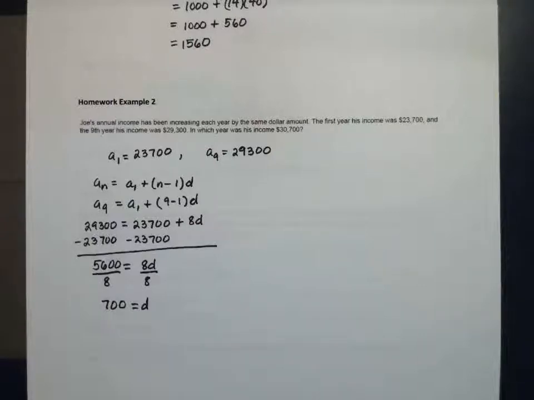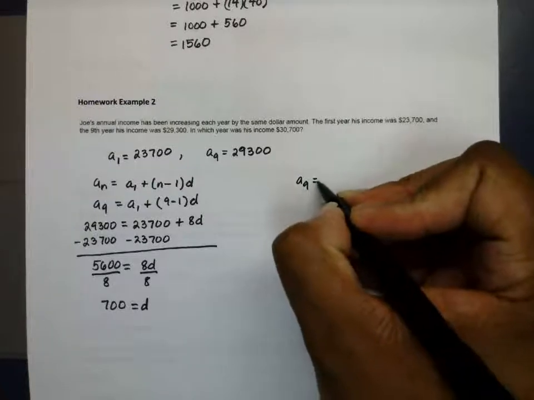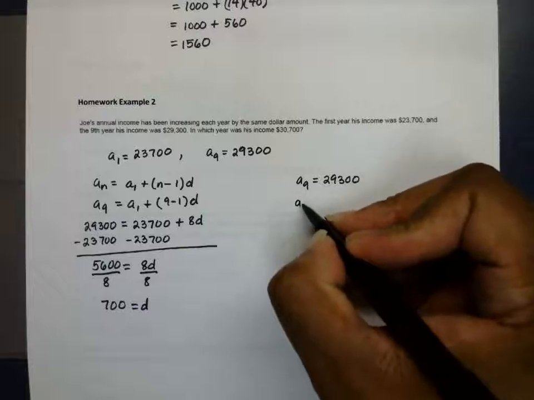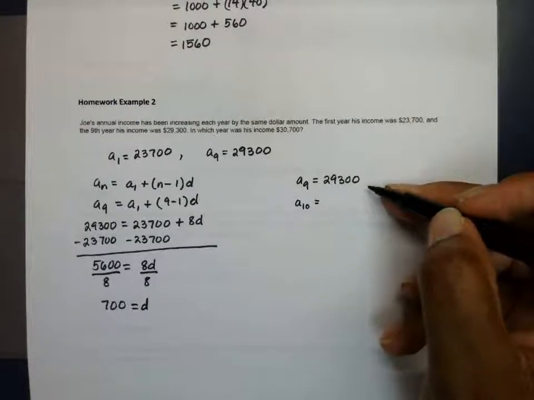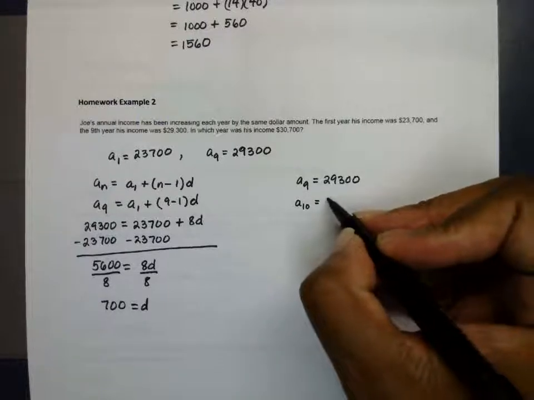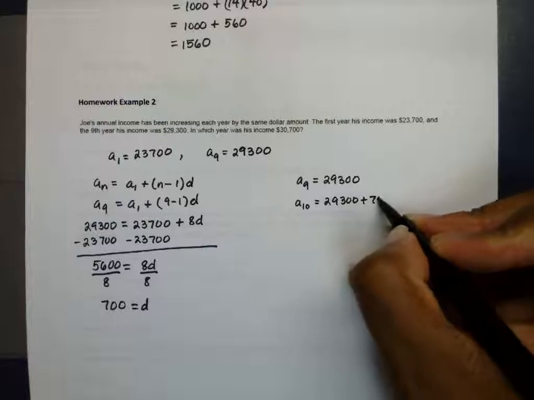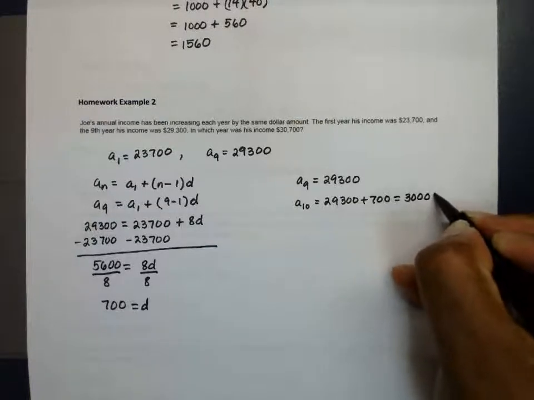And we want to find out which year his income was $30,700. Well, the ninth year we know was $29,300. So by the 10th year, A sub 10, we just add 700 to that 29,300. And that would give us, and I'll just write this out so you'll see how I'm getting this, $30,000.